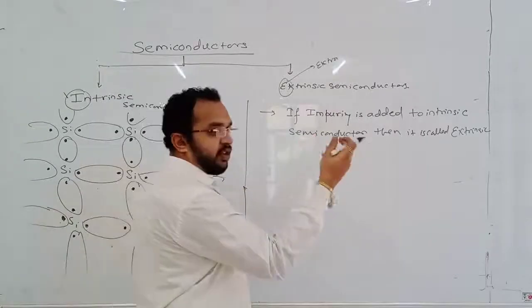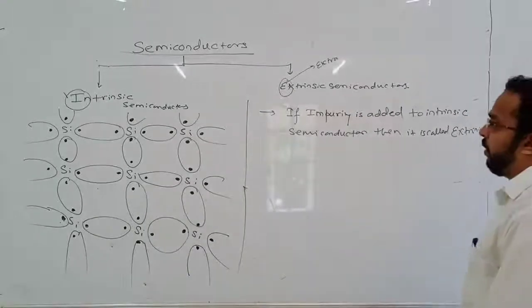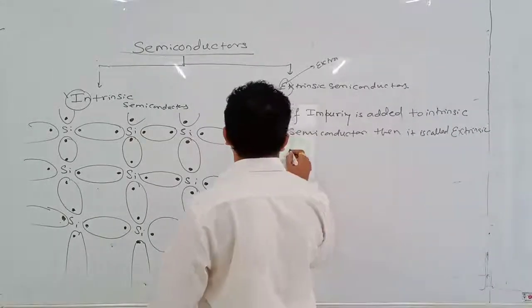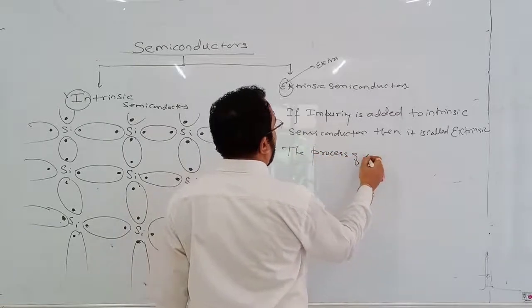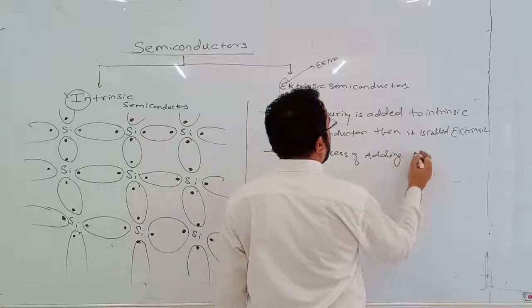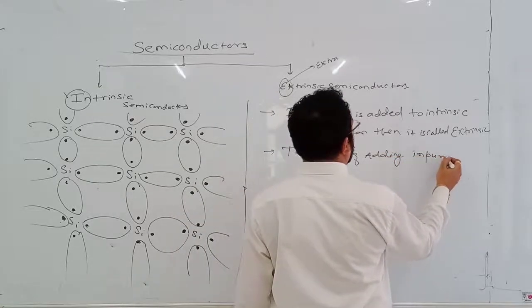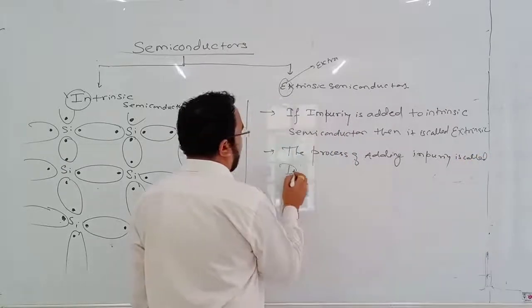Extra काहीतरी बाहेर, external आले, then it is called extrinsic semiconductor. Now the process of adding impurity is called doping.